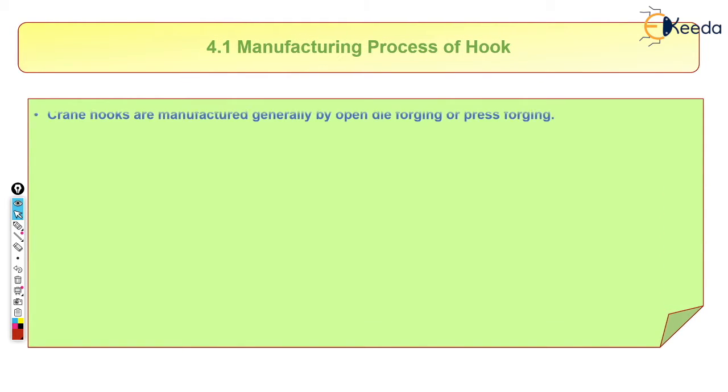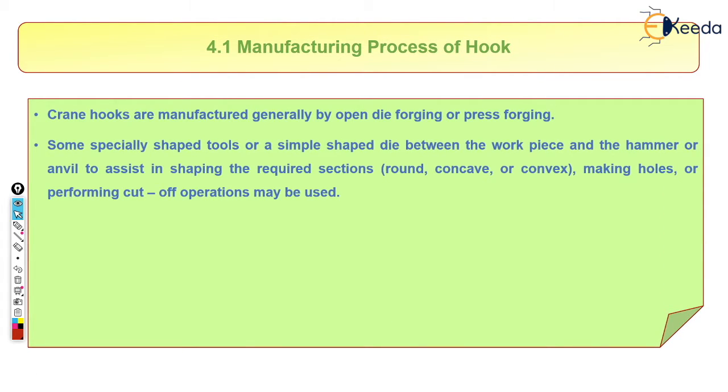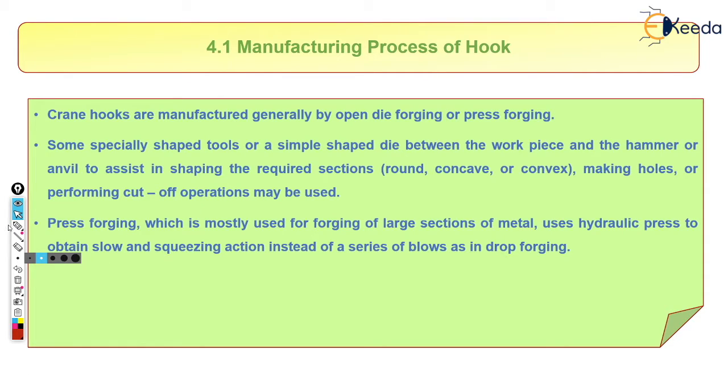Now we'll see about its manufacturing process, how hooks are made. Now hooks are generally made by forging process, though it is a die forging or a press forging. Now to shape it, we have particular hammers, or particular tools which we use to shape it perfectly, like whatever we have seen in the previous diagram.